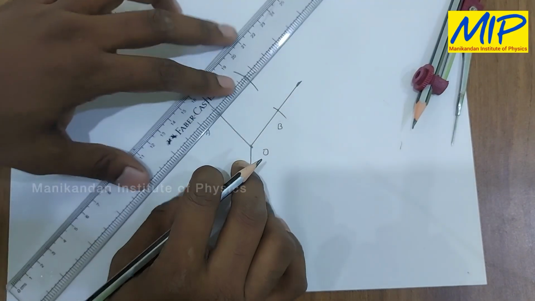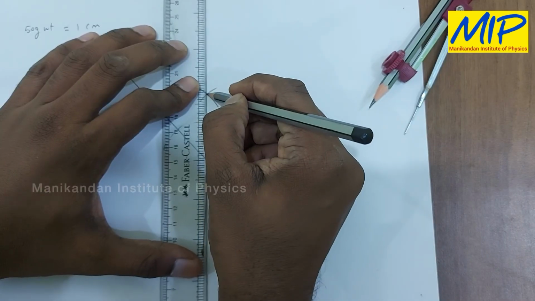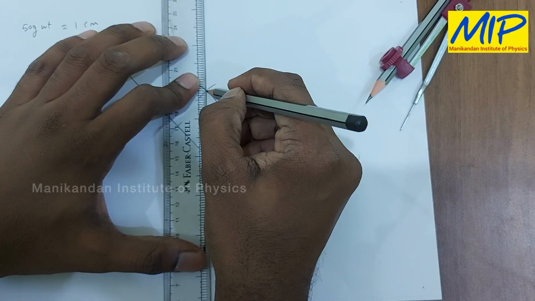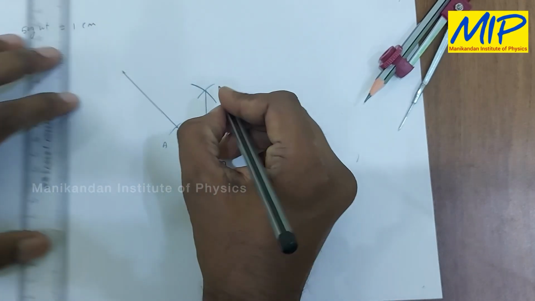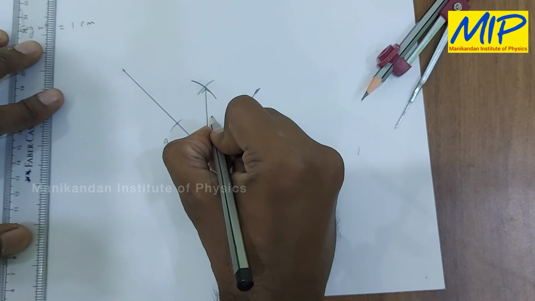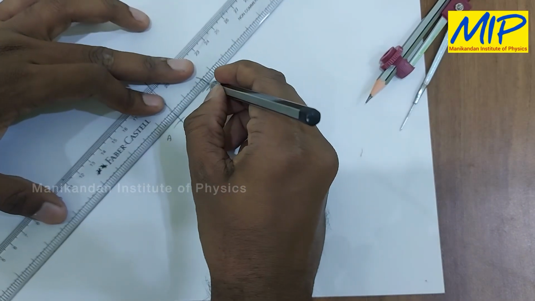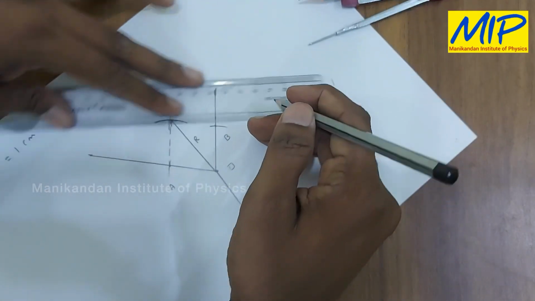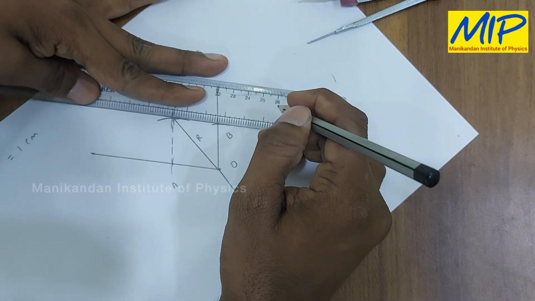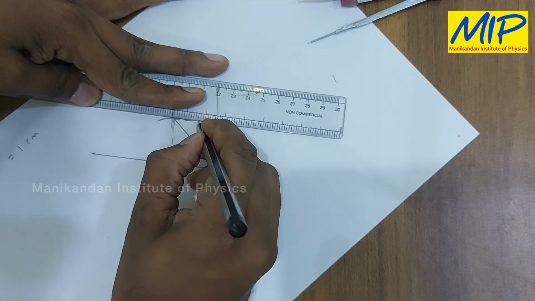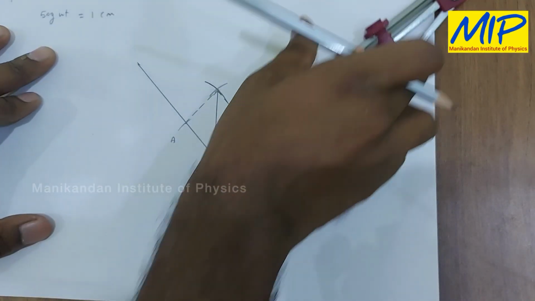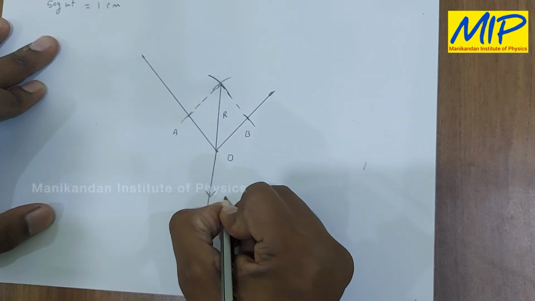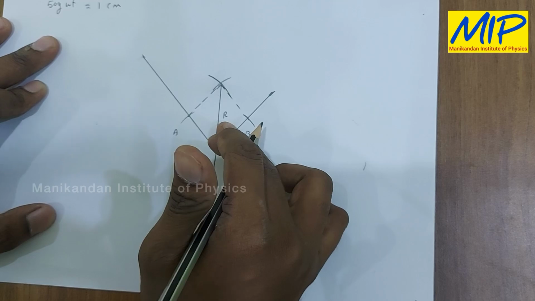So now I am going to connect this point here. This will be R. So you see there is an intersection. Okay, so now this is my downward force S, this is my upward force R.